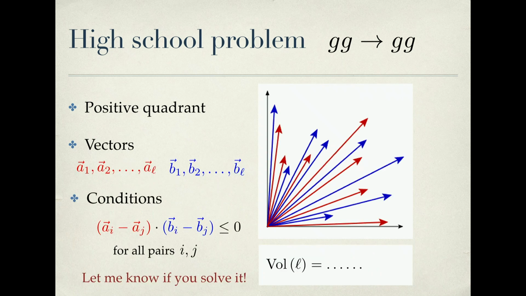And now the general problem to any loop order is that I have L red vectors, L blue vectors, and they pairwise satisfy this inequality. So any differences of reds and the differences of blue, they need an angle bigger than 90 degrees. And you have to find all configurations of these blue and red vectors. This effectively triangulates this amplituhedron for this case.